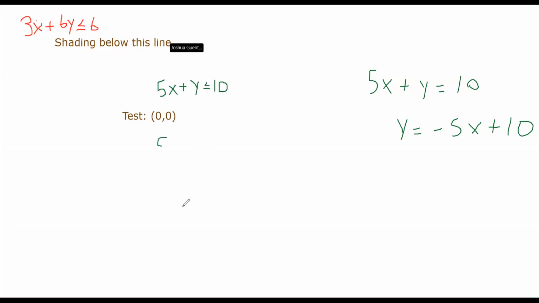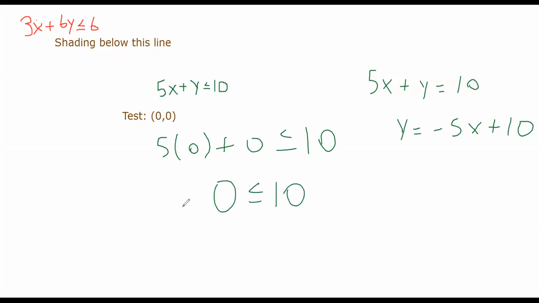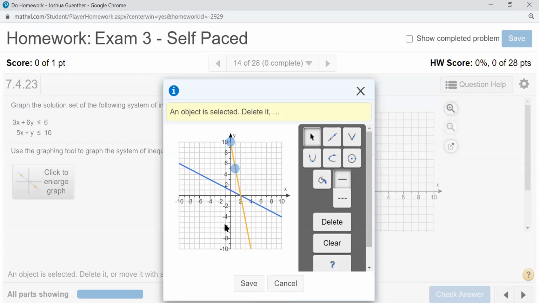So let's see, I'm going to have 5 times 0 plus 0 for y less than or equal to 10. That still just becomes a 0 on the left-hand side, less than or equal to 10, which is a true statement. Thus, I'm shading below the first line. If you go back to the original graph, I also need to shade below the second line. I need to shade this area below this line here.